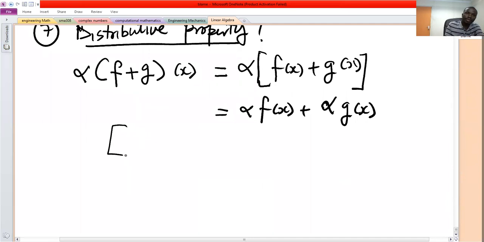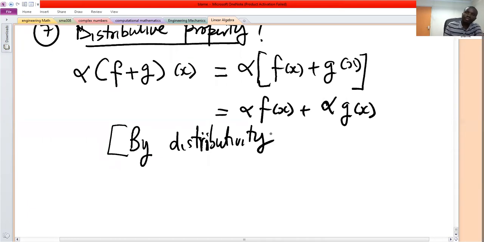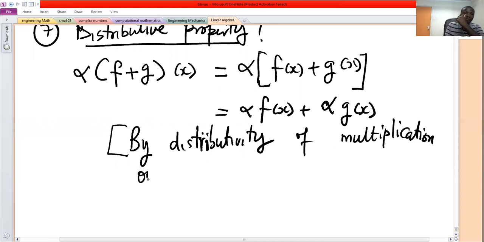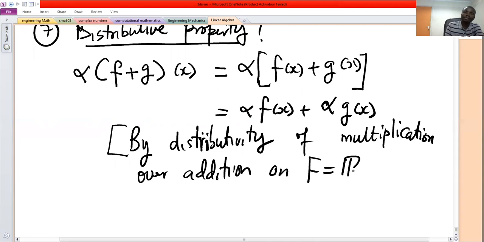What is allowing me to do this one is distributivity of multiplication over addition on this field F, the same as the set of real numbers.